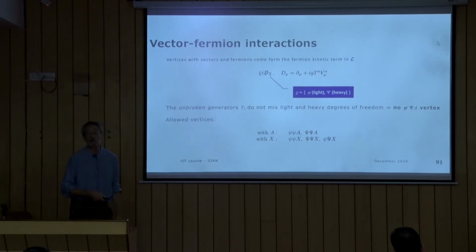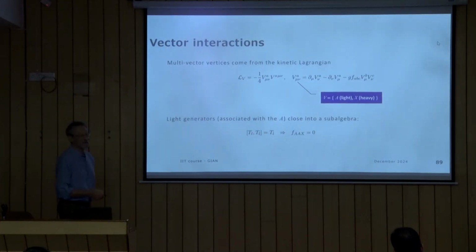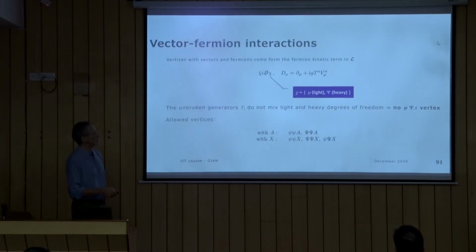If you remember, in the previous case we could not have 3 gauge bosons, 2 light and 1 heavy. Here, we cannot have a triple vertex involving fermions, 2 light and 1 heavy of this kind.